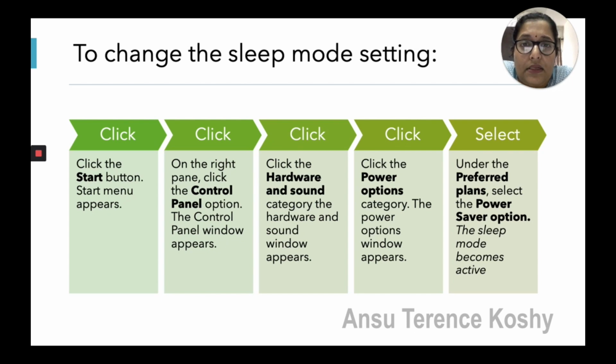In the hardware and sound category, when you click, that window opens and in that you need to look for power options. In the power options category, you have to look for preferred plans and in the preferred plans you need to look for power saver options. That is how you set your computer for the sleep mode.